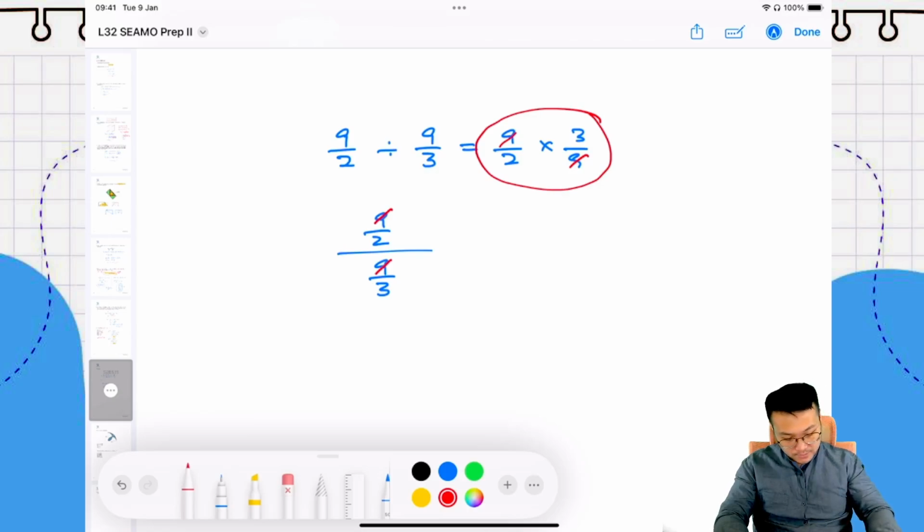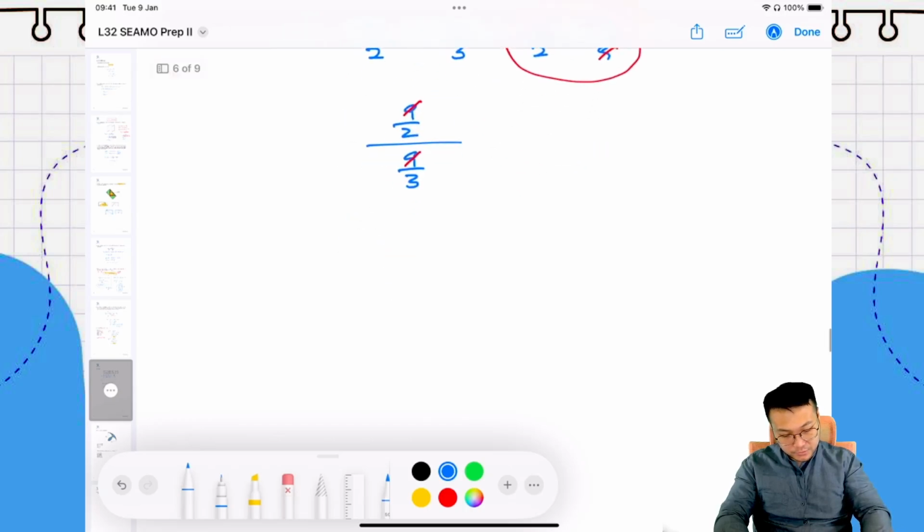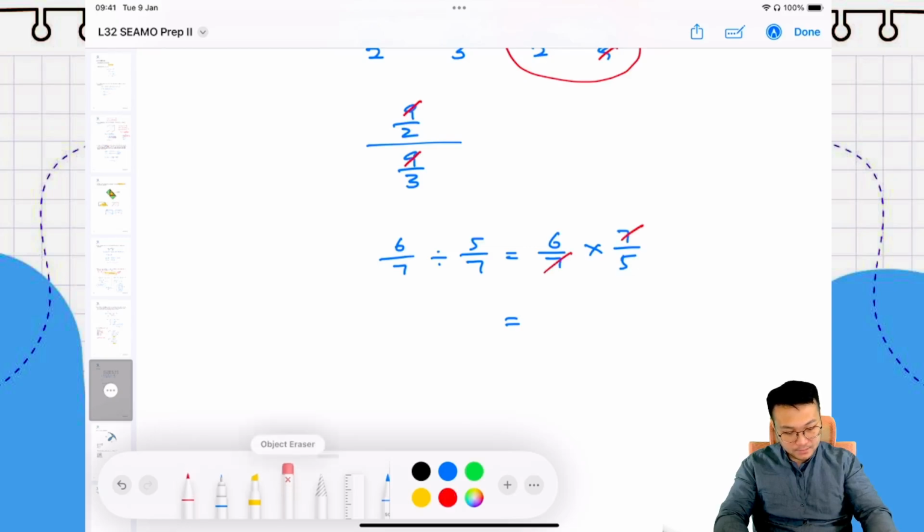What about if I were to do 6 over 7 divided by 5 over 7? Keep, flip, change. Can I cancel out the 7? Yes. So what if I write it like that, 6 over 7 over 5 over 7?